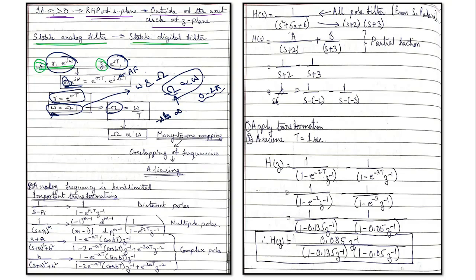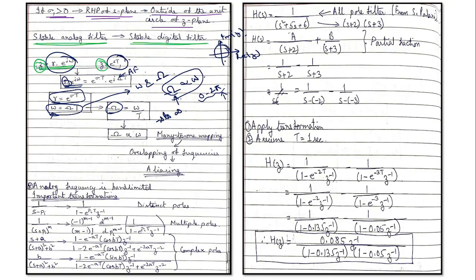Now when we are varying this digital frequency from 0 to 2 pi, what happens if we go beyond 2 pi? If we look into the Z plane, what we saw is that if we go from 0 to 2 pi, beyond this 2 pi we will again be repeating on the same points. Even though in name we will be increasing the digital frequency, we will be coming on the same points.